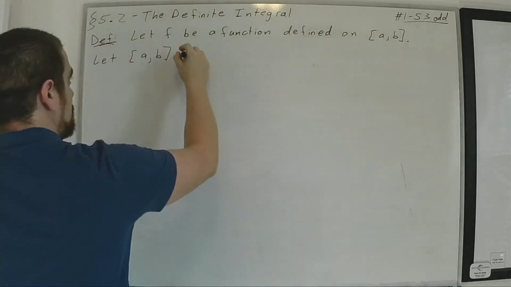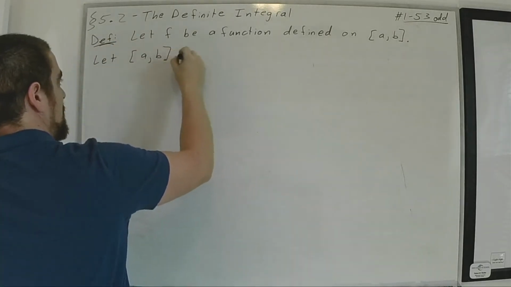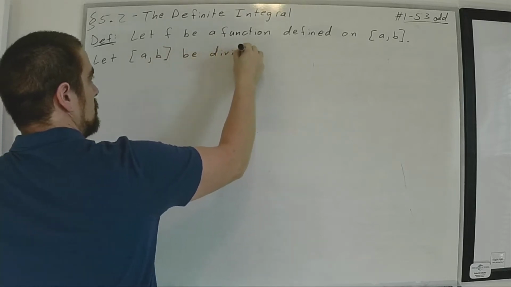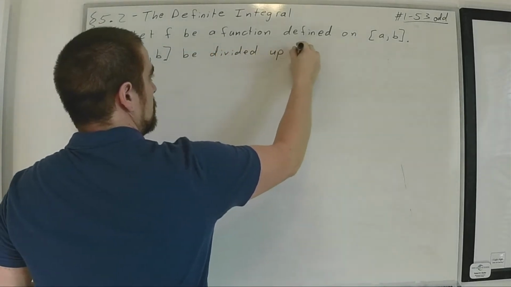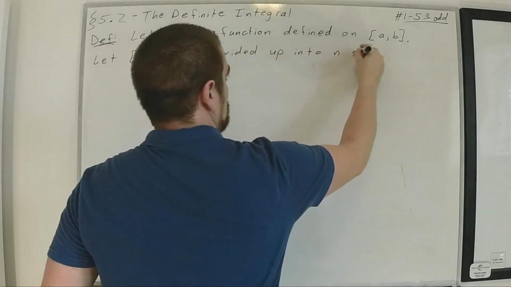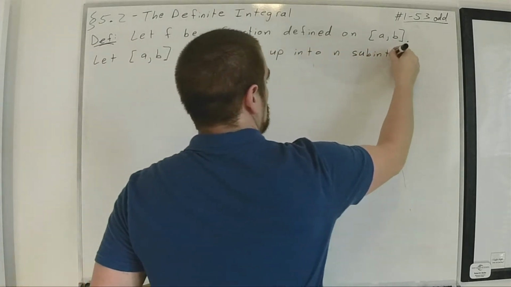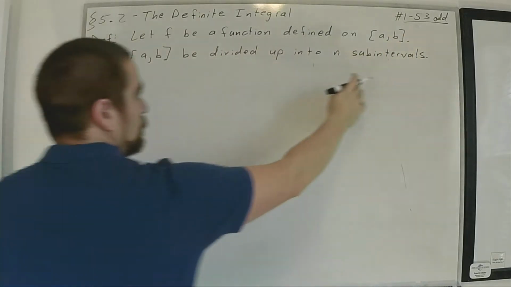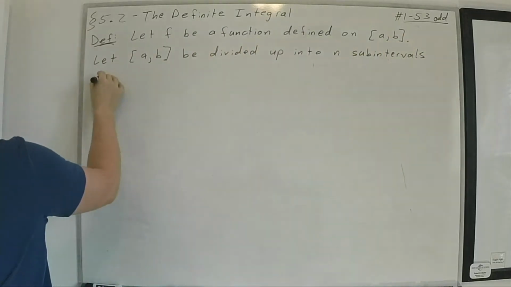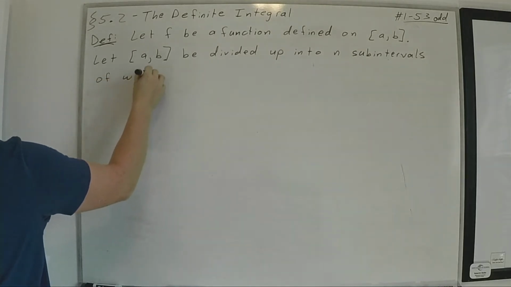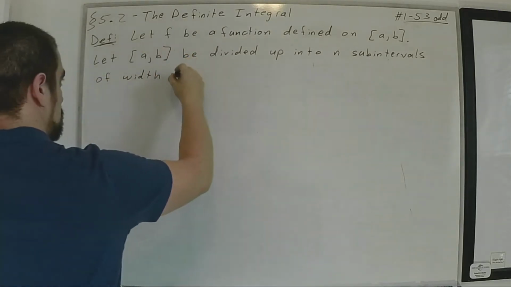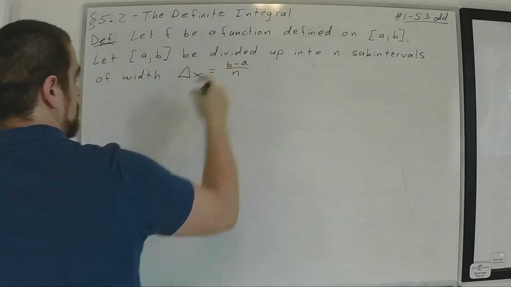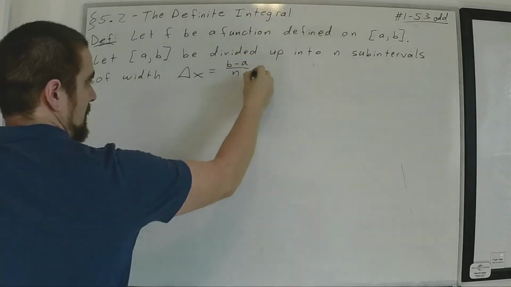We'll say let that interval a to b be divided up into n subintervals of width delta x, which we can compute by taking the entire interval and dividing it up n times.